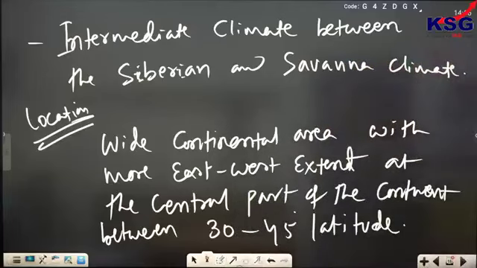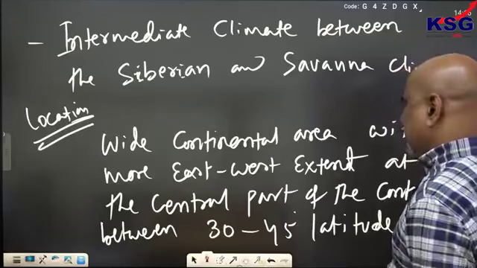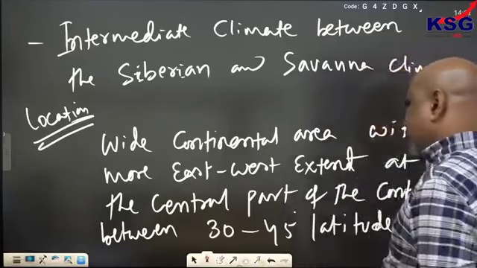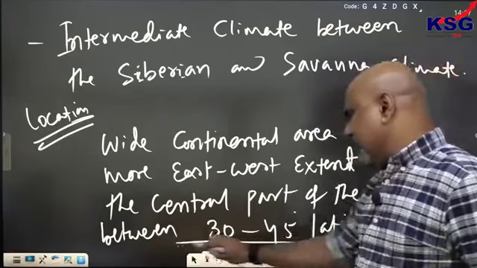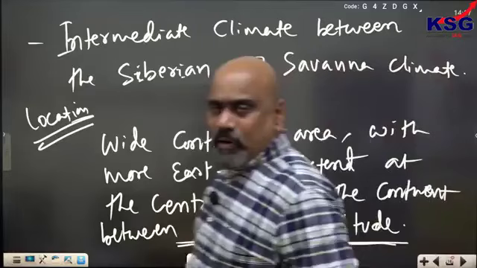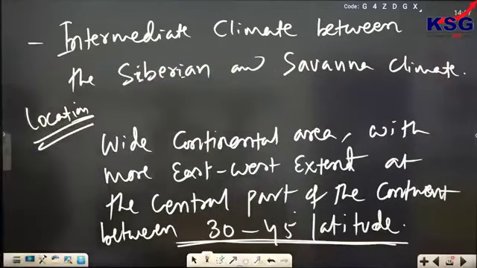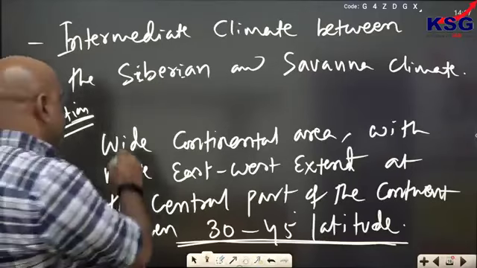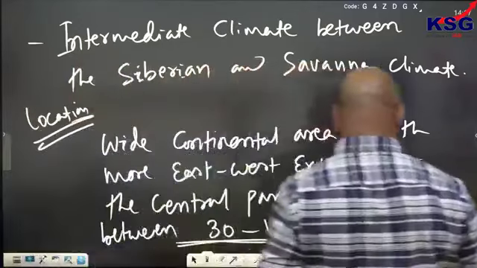Again I am saying, a wide continental area with more east west extent at the central part of the continent between 30 to 45 degree latitude. So this is a very important point here.